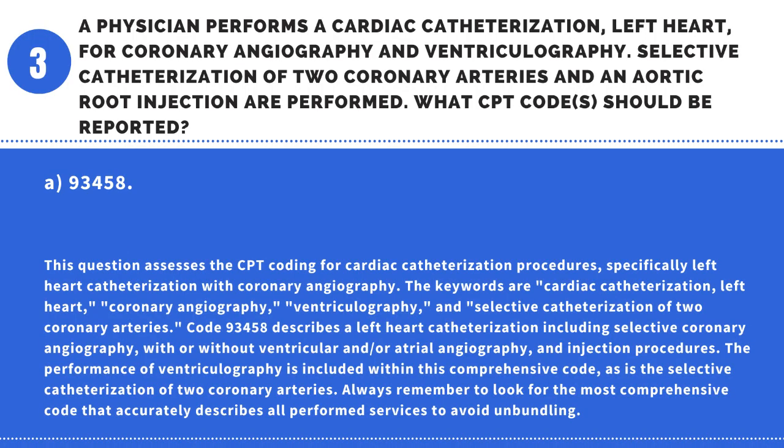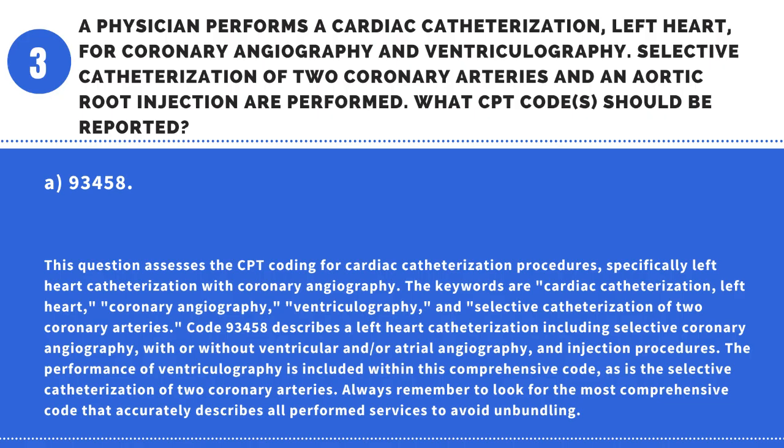Answer: A. 93458. This question assesses the CPT coding for cardiac catheterization procedures, specifically left heart catheterization with coronary angiography. The keywords are cardiac catheterization, left heart, coronary angiography, ventriculography, and selective catheterization of 2 coronary arteries.